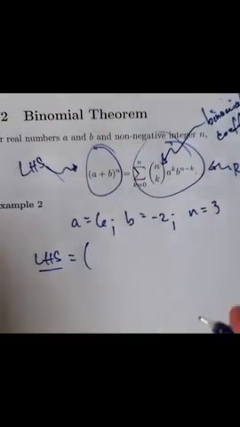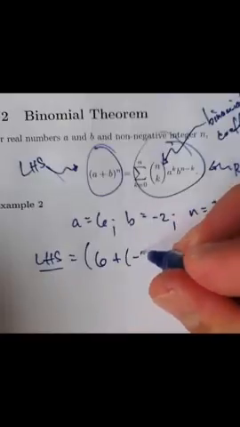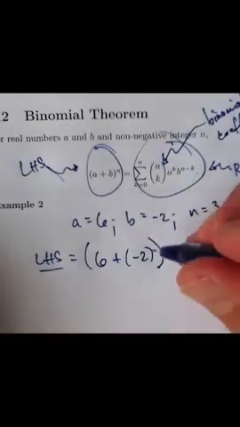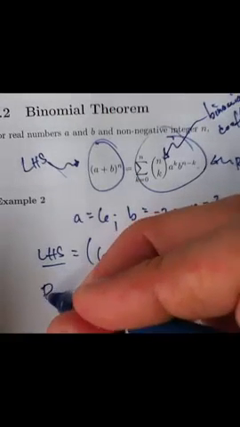The left-hand side becomes 6 plus -2 raised to the third power. Of course, 6 plus -2 is 4. 4 to the third is 64.